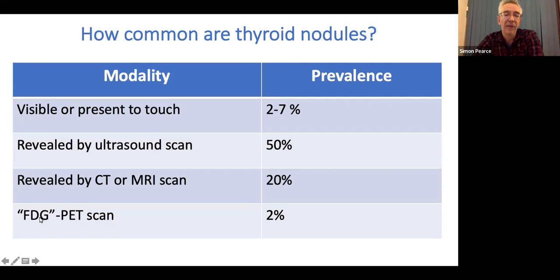FDG is fluorodeoxyglucose, so it's a metabolic scan. You inject a radioactive glucose and it gets taken up by metabolically active tissues in the body. That's normally used to stage people for different cancers. But about 2% of FDG PET scans will have a thyroid nodule. And the next slide just shows you an example of that.